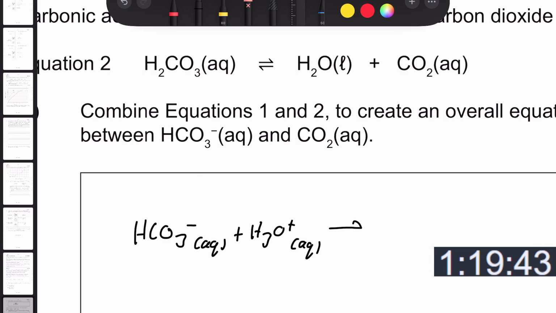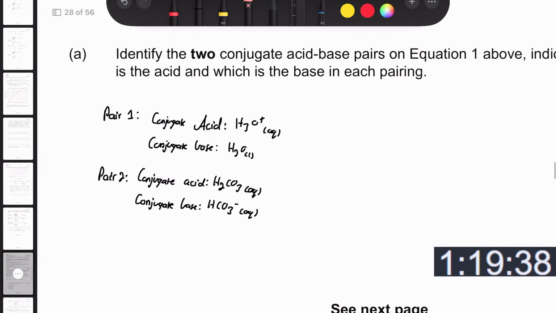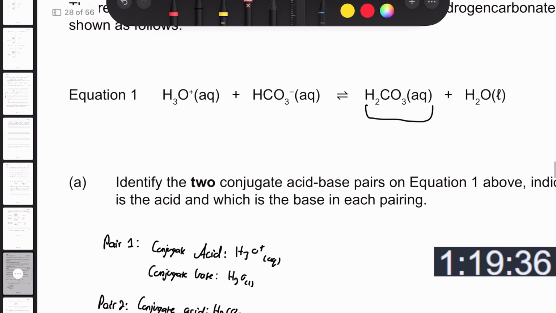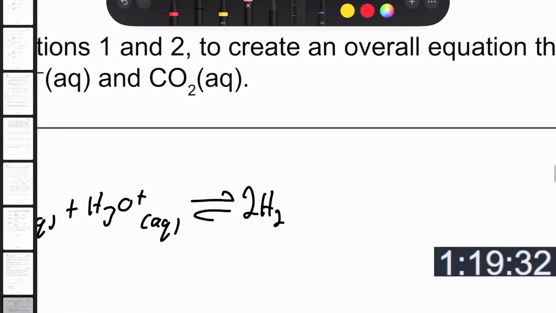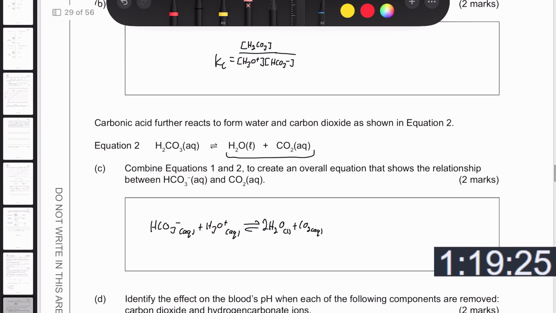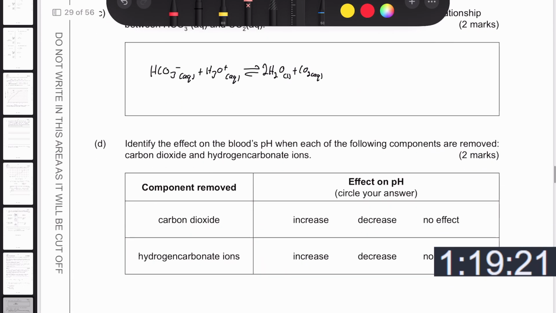Just going to do that. And all I'm going to do is sub in H2O and CO2 for H2CO3. So I'm going to get 2 H2O. This is what I did for the early one, I don't think I explained it very well though. And aqueous like that. And that looks good to me.